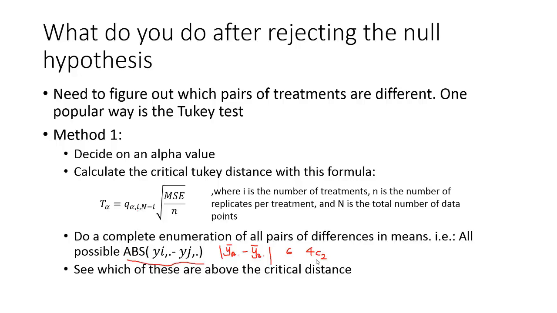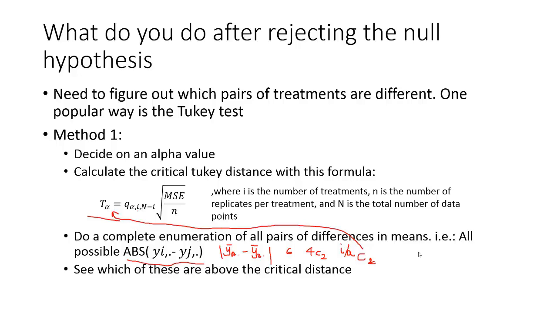But however many treatments you have, you'll similarly have I C 2 combinations, whether you like to use the letter I or A. You'll calculate that many combinations of distances, and you'll see which of these distances are greater than the Tukey distance, and those are the ones that are not equal to each other. So you calculate a critical distance.